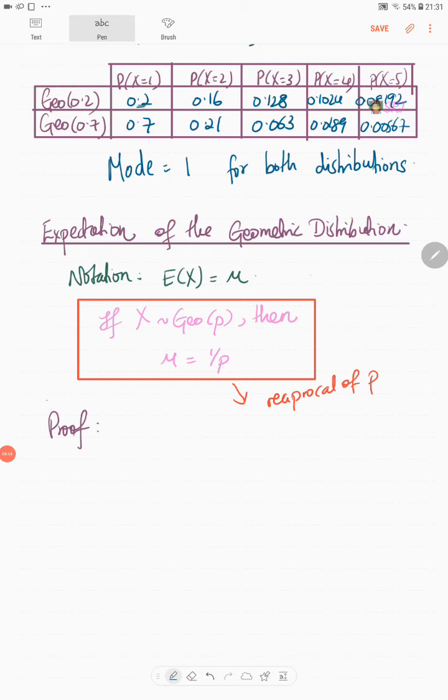For X following a geometric distribution with parameter p, we have the following probability distribution. We write X, or we write it as r, the probability that X is equal to r.